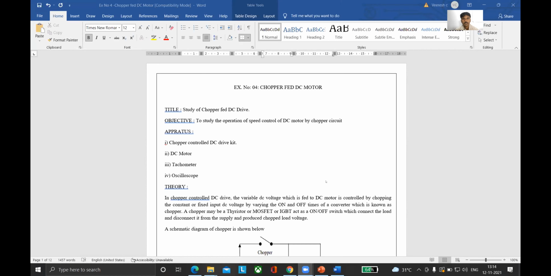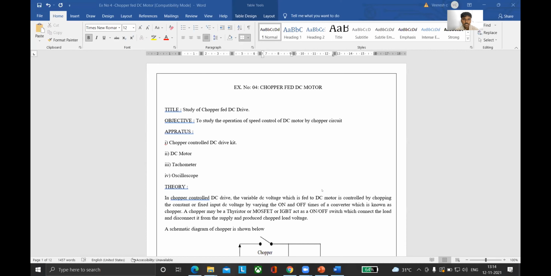Speed control of DC motor using single phase fully controlled converter, that is the second experiment. And speed control of DC motor using 3-phase fully controlled converter, that is the third experiment.